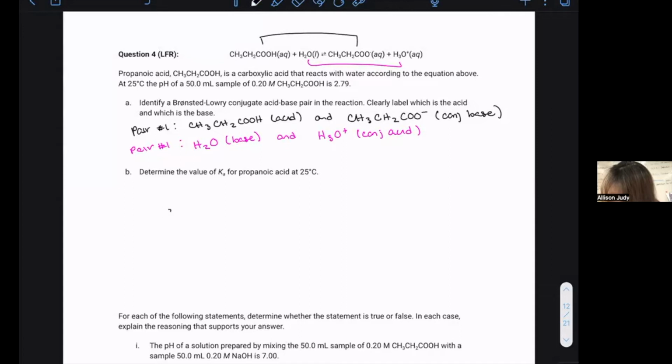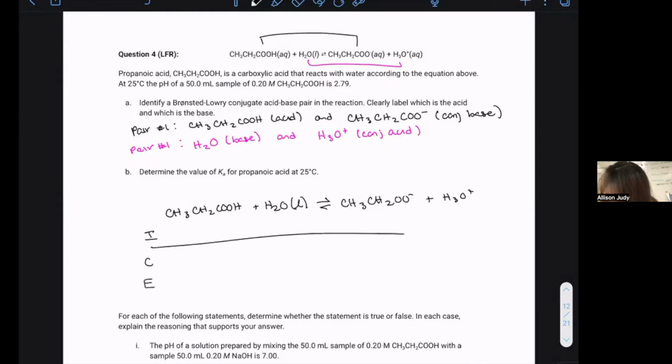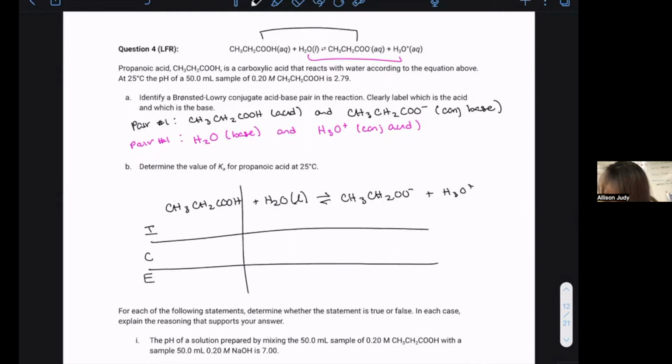So I have CH3CH2COOH reacts with water, liquid, in equilibrium with its conjugate base and H3O plus. It's going to be ICE. Okay, and we know that the liquid doesn't really matter, and we start filling it in.